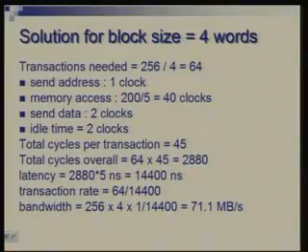With the block size equal to 4 words, you will require 64 transactions to get 256 words, and we can count the cycles: 1 for sending the address, 40 for memory access, because 200 nanoseconds is the access time and 5 nanoseconds is the clock period. We send the data over 2 clocks, and then there are 2 cycles of idle time.